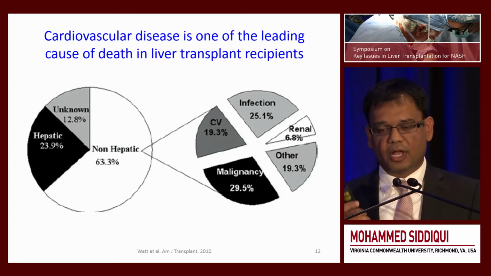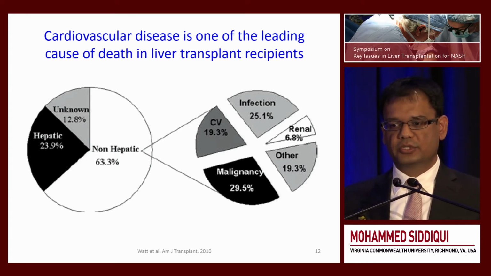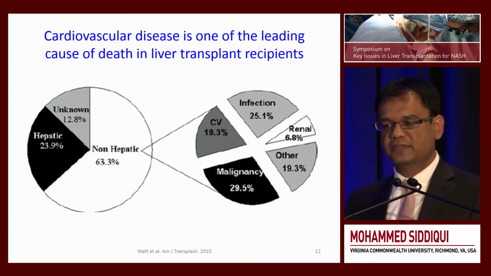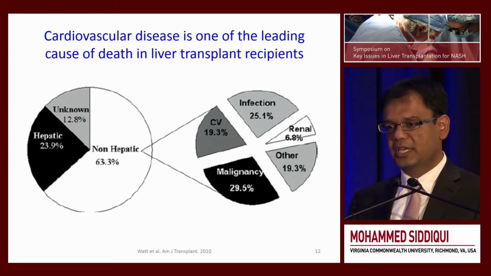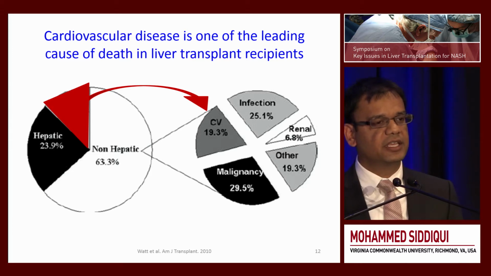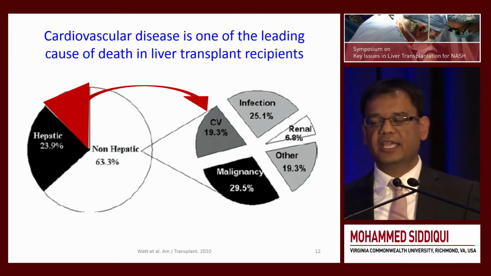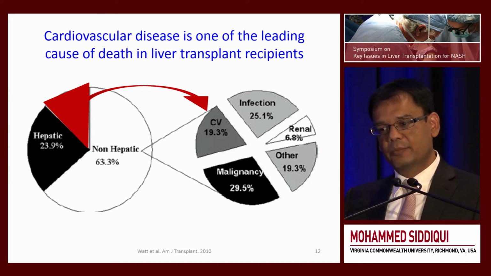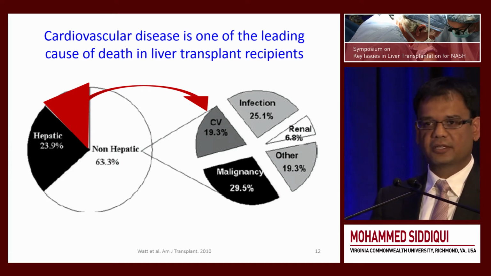So almost 3/4 of individuals die from non-recurrent liver disease. And what comprises the majority of these is malignancy, cardiovascular disease, and infection. Additionally, the 13% of patients who suddenly died in a well-characterized cohort likely had underlying coronary disease or sudden cardiac death, which further compounds the cardiovascular-related mortality.